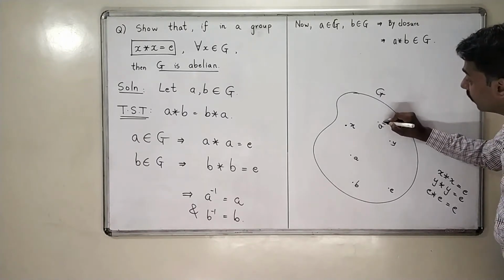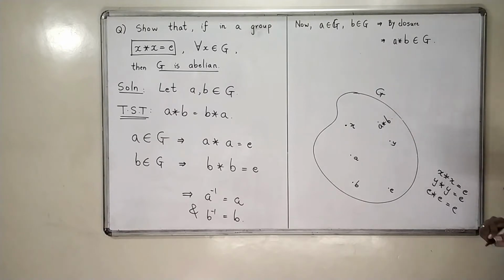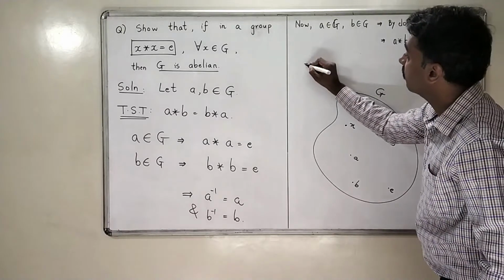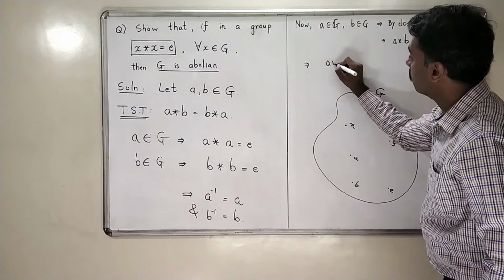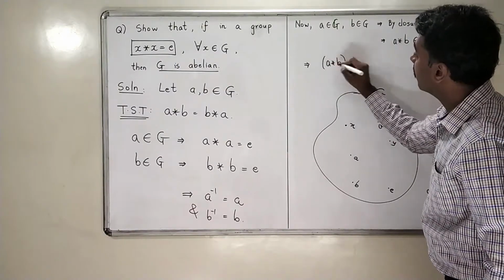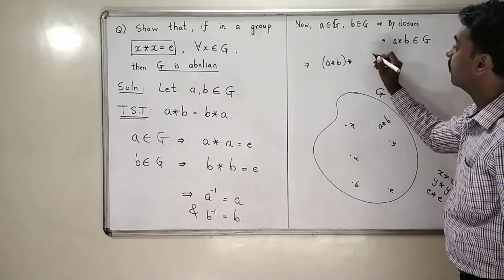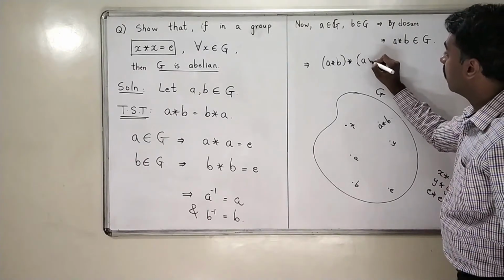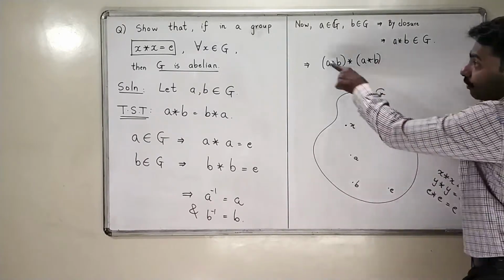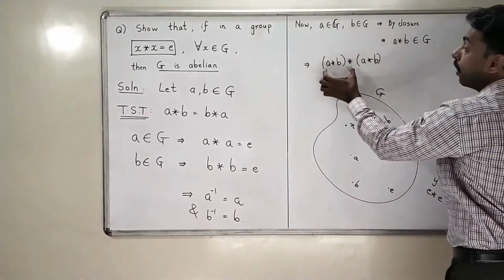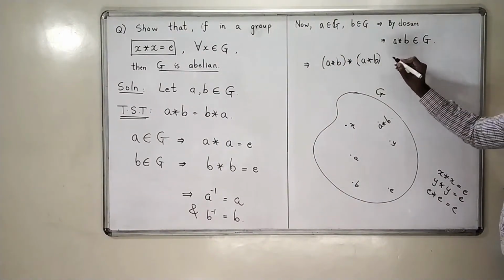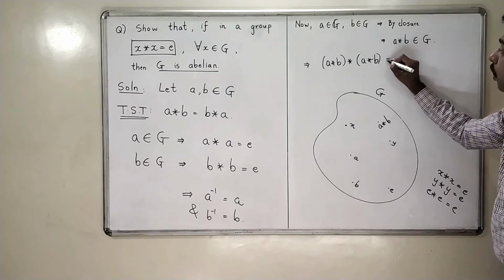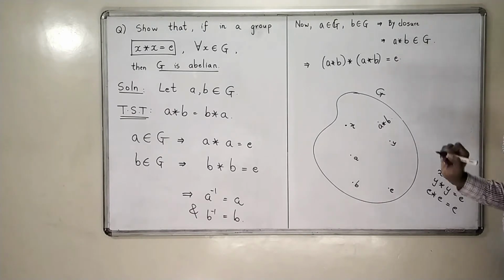It will also be inside the set. This means that A star B star A star B, same property. I am using this property for which element? For A star B. A star B star A star B is also equal to identity.